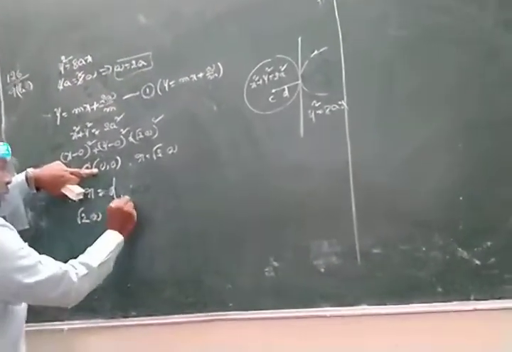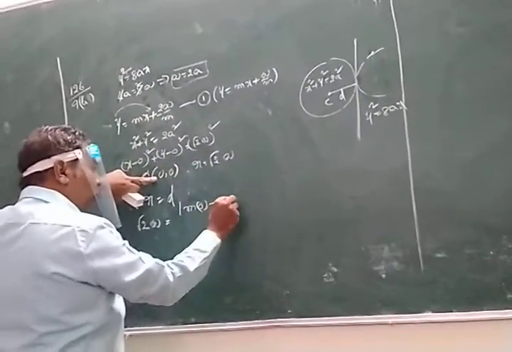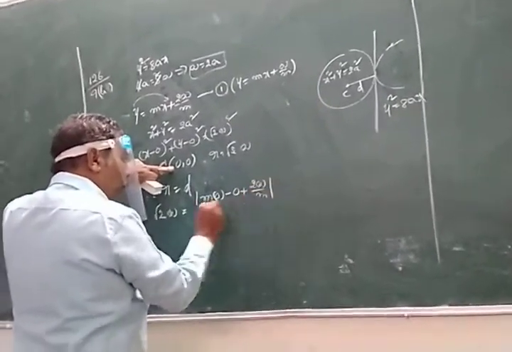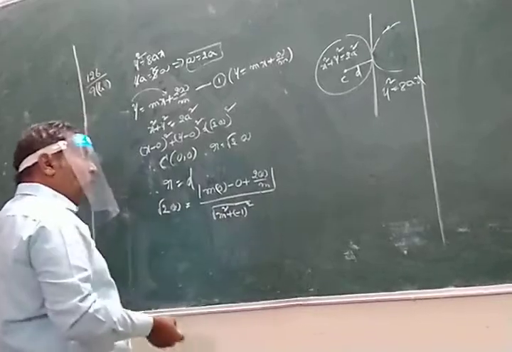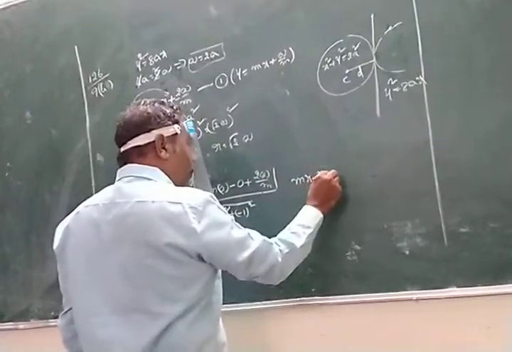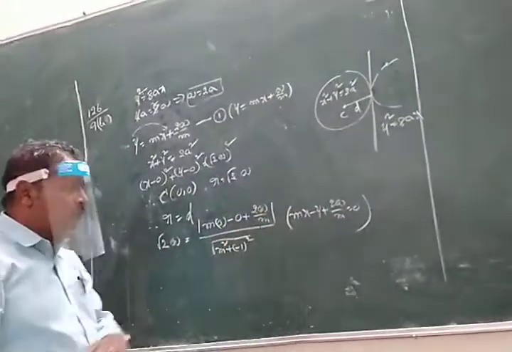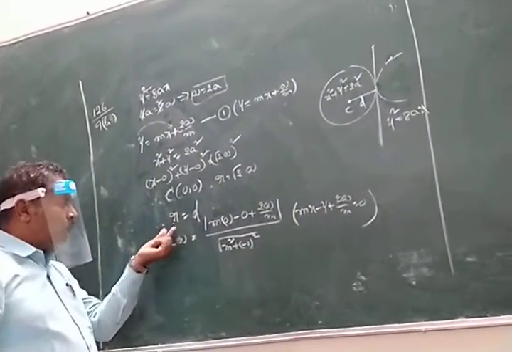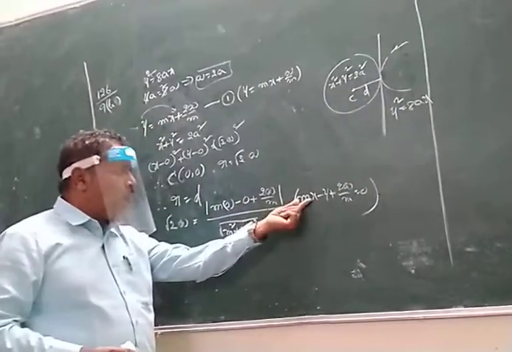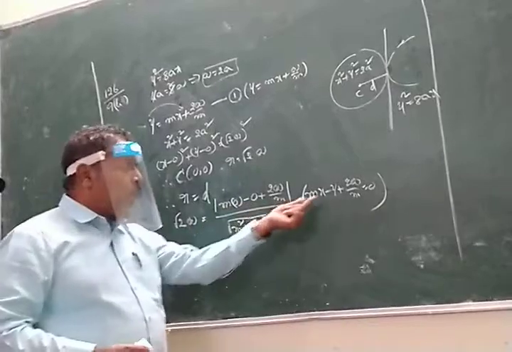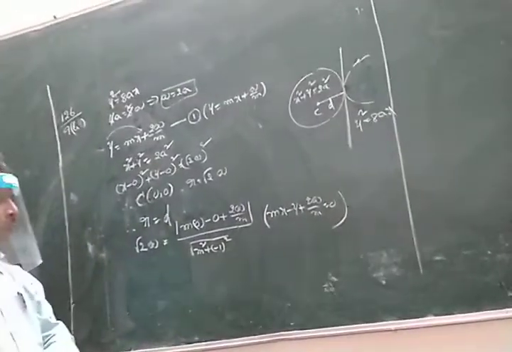We apply the straight line distance formula: modulus of ax1 plus by1 plus c by under root a square plus b square, with the line mx minus y plus 2a by m.